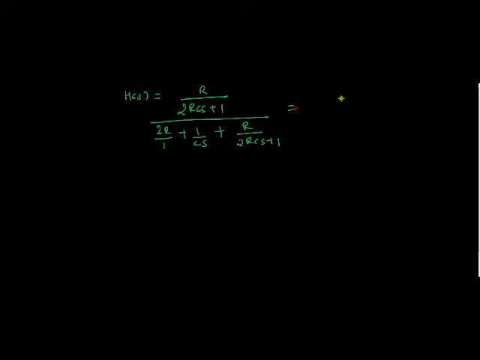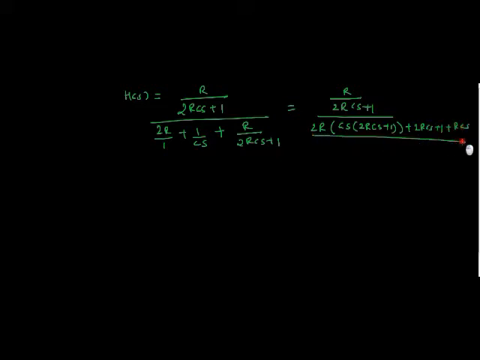If you take the LCM, you will end up with this expression: 2R into CS into 2RCS plus 1, plus CS, plus 2RCS plus 1, plus RCS. The denominator gets 2RCS plus 1, so we can cancel this and this.